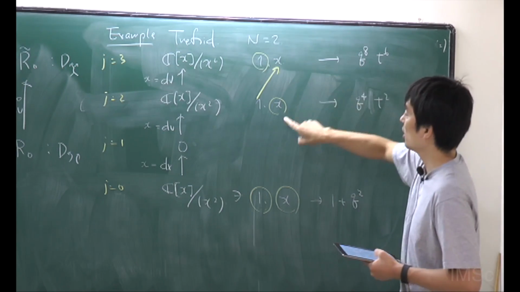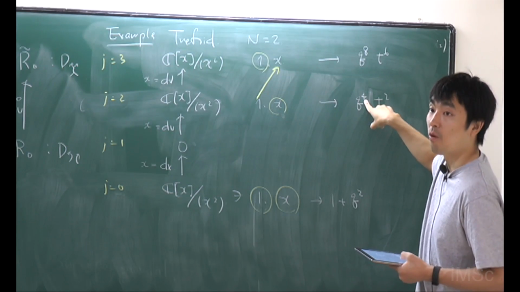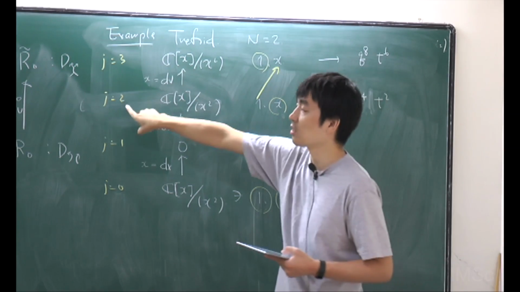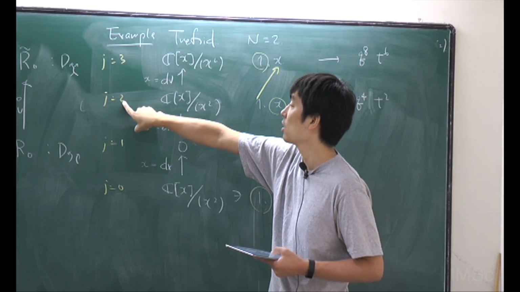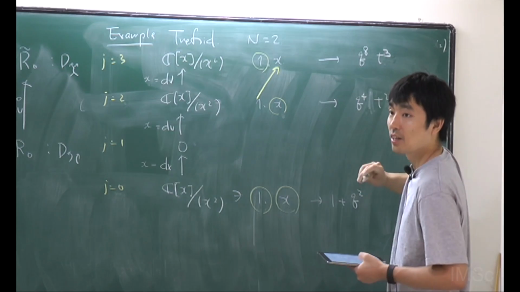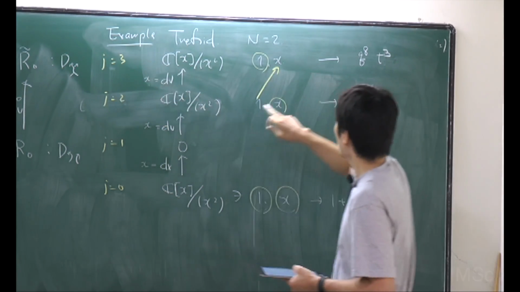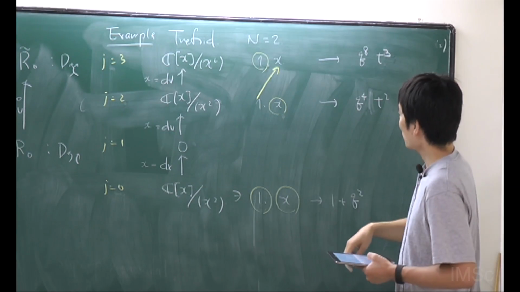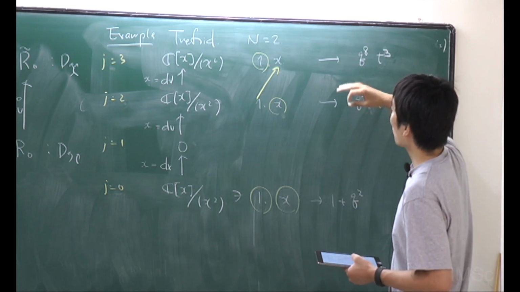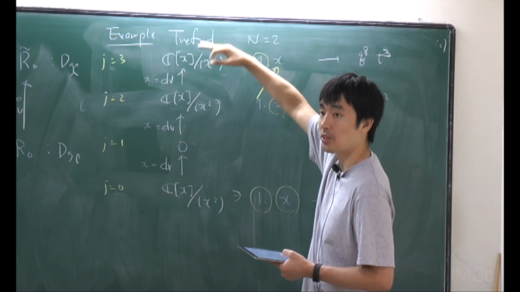This generator x gives you the Q grading Q34, but T grading is square. Oh, sorry, 3. T grading is just j. And actually, you have to shift by Q grading once you go upwards.